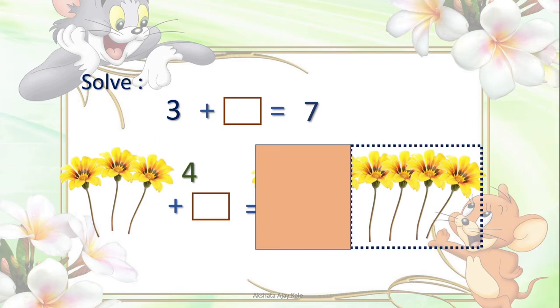See this. Now 3 plus 4 is equal to 7. Right? So let us write here 4. Got this, children? When we add 4 to 3, we get 7. This is one of the methods to find out the number from the answer.